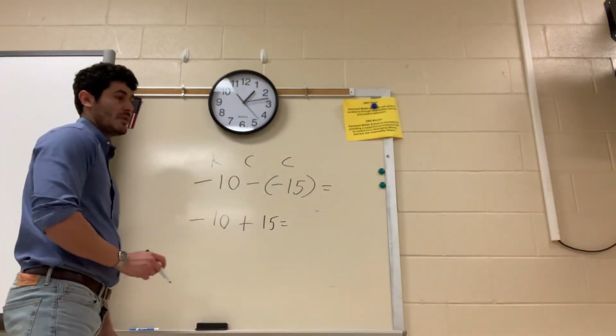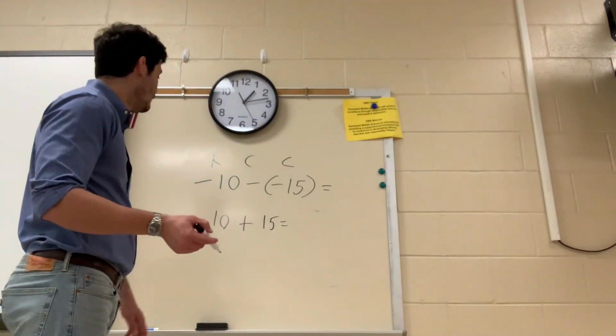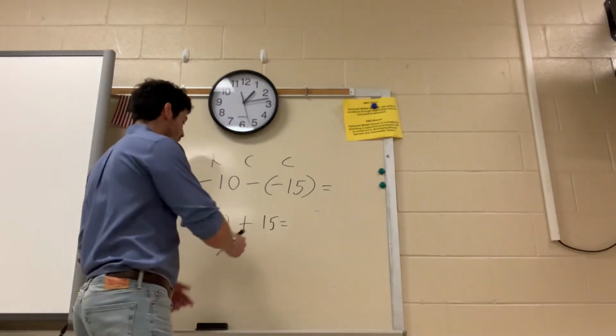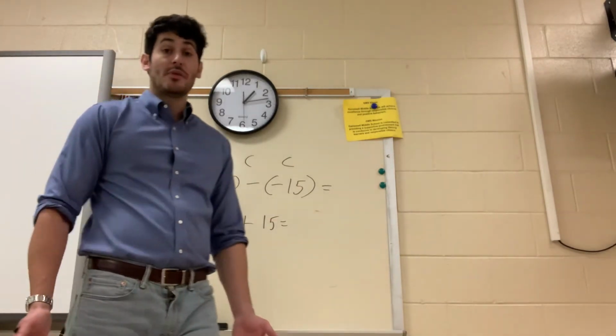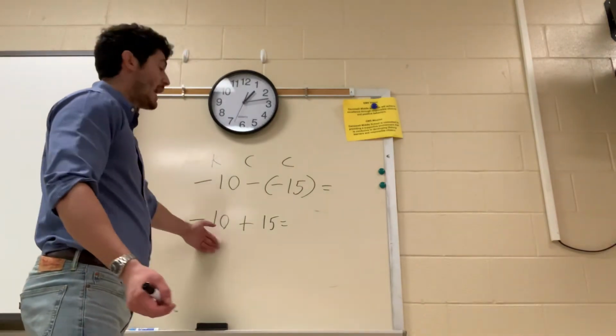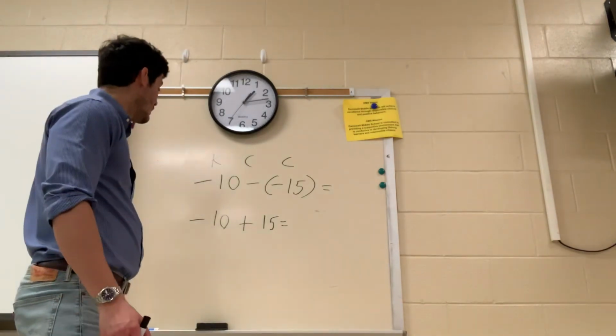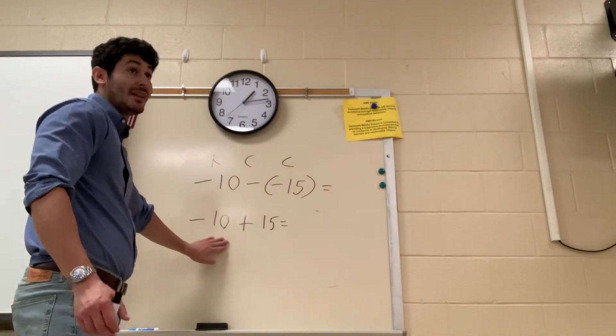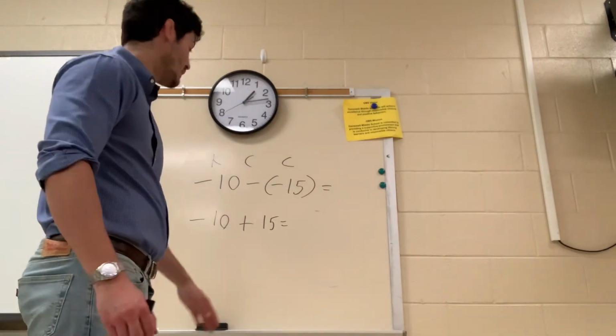Again, you're back to your addition, right? So addition rules, you know that you're adding two numbers with different signs, right? So remember what I told you, the first thing I told you. You've got to pick the bigger number, I mean the number with the greater absolute value.